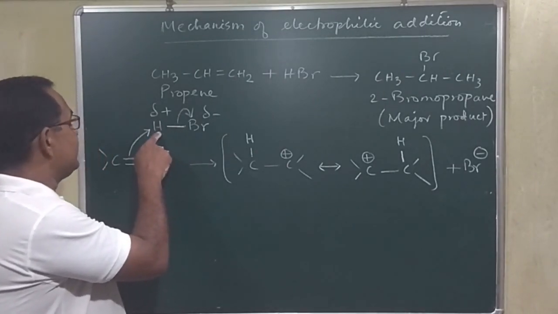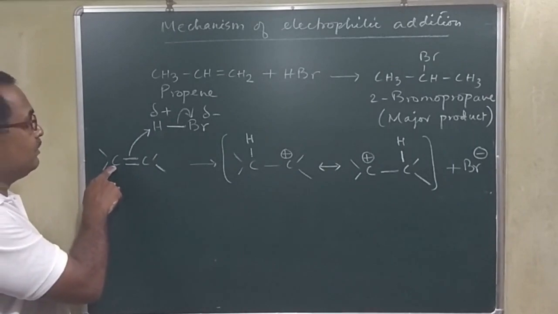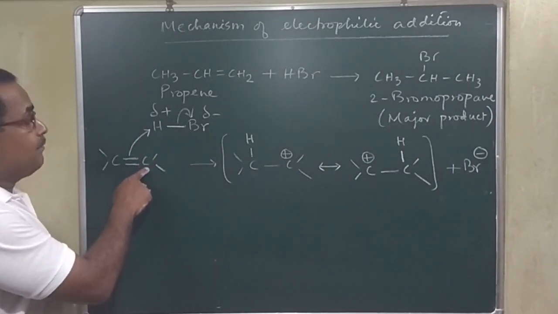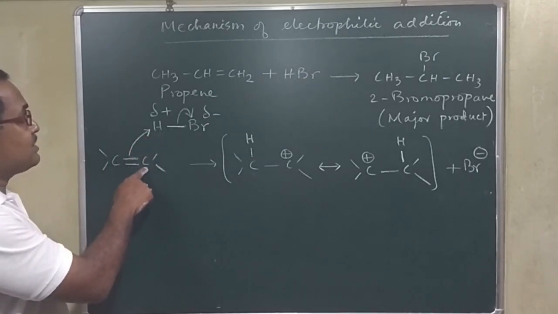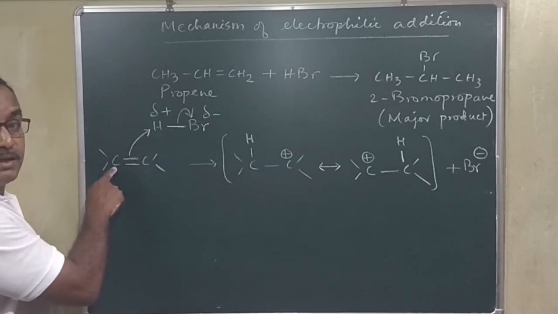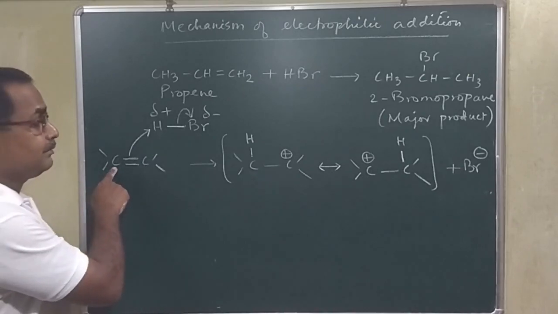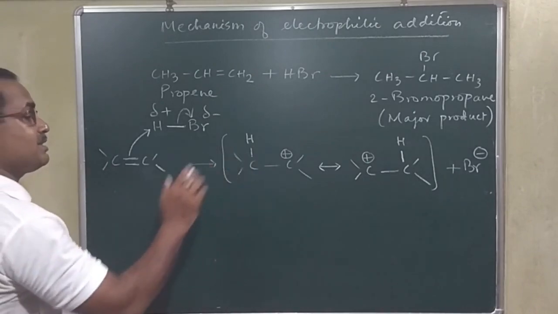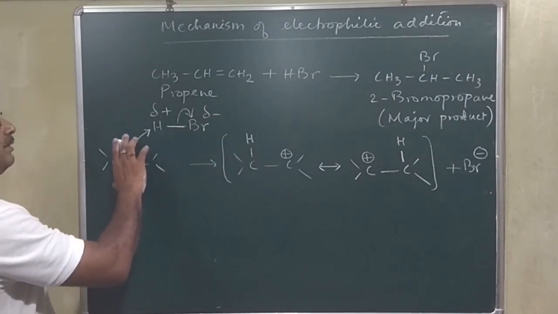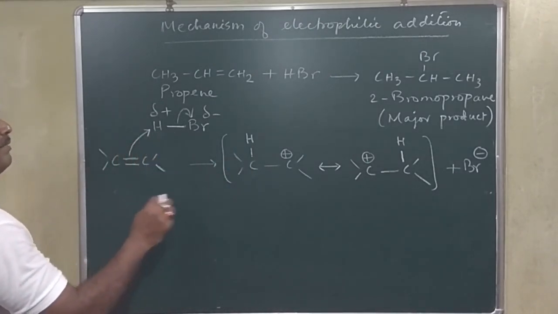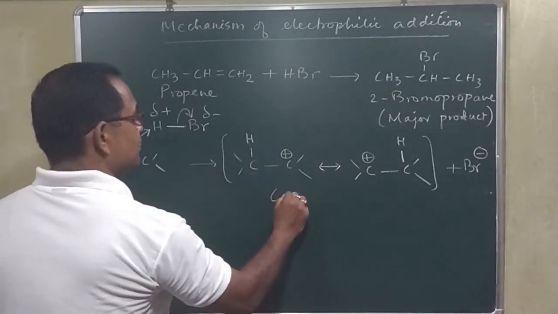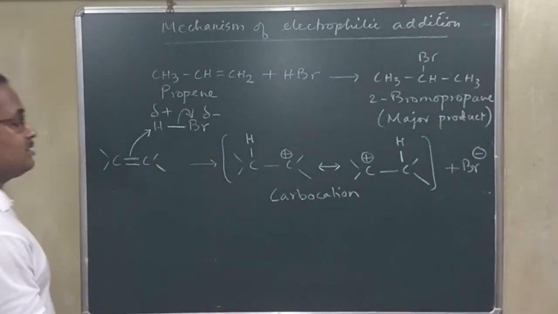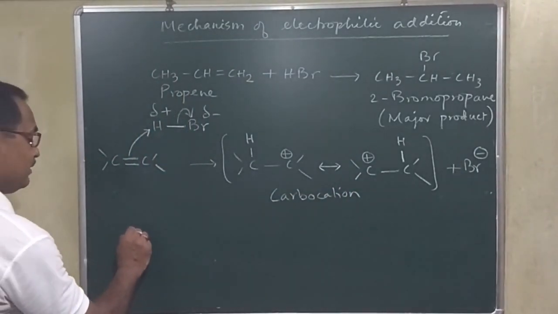That positive hydrogen will attach with this carbon, leading to positive charge at this carbon, or this hydrogen attached with this carbon, leading to positive charge at this carbon. So this is step 1. In step 1, what is formed? A carbocation is formed. In the next step, what will happen?